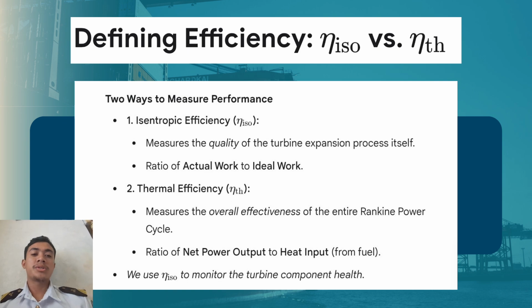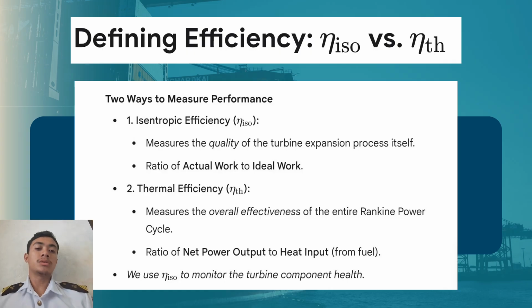When we talk about efficiency in a power plant, we often encounter two terms. Thermal efficiency compares the overall work of the entire cycle to the heat added in the boiler. It's the measure of the overall plant's fuel economy. However, our focus today is isentropic efficiency.